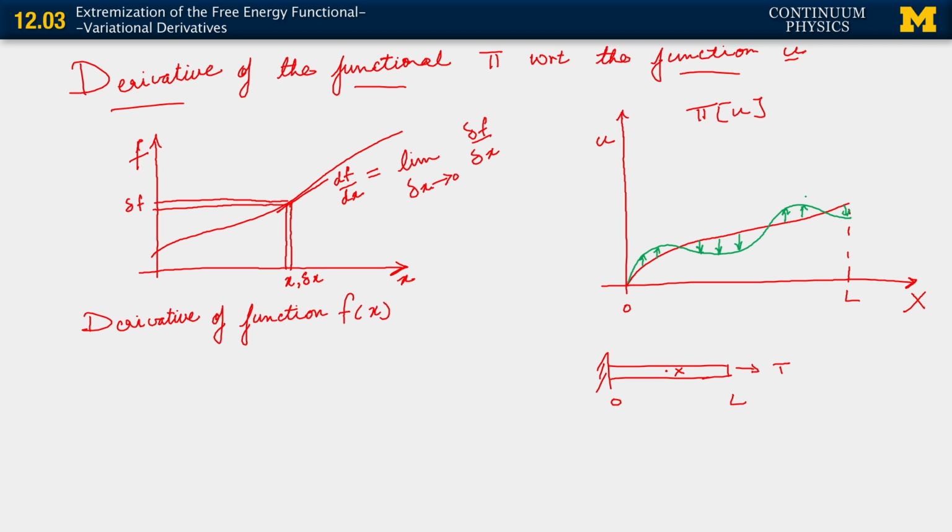I'm going to rewrite that as u, a function of x, plus epsilon times w of x. Epsilon is not a function; it is just a scalar, the way I want to write it.